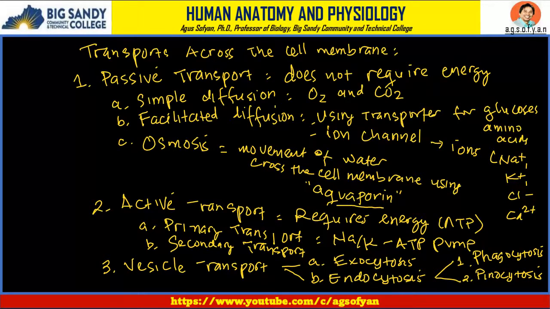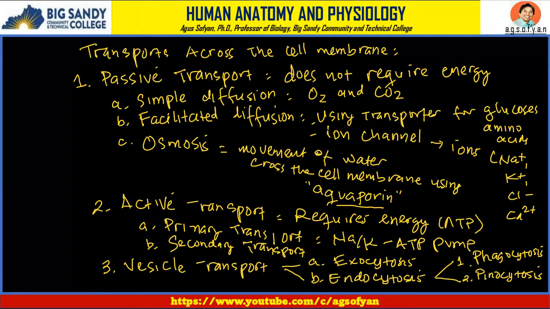Again, simple diffusion is the movement of molecules from higher concentration to lower concentration without any help. It just crosses the phospholipid bilayer, and it is done for small hydrophobic molecules like oxygen and carbon dioxide.